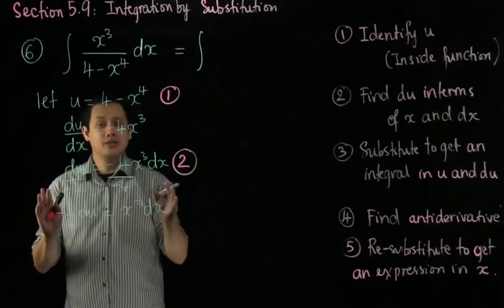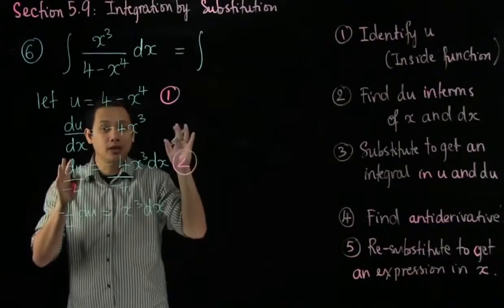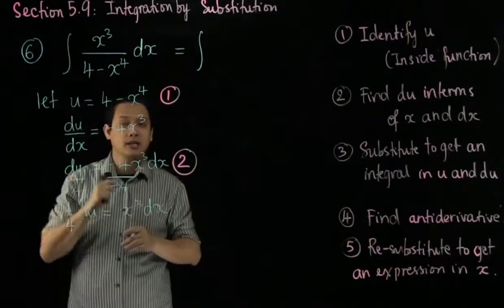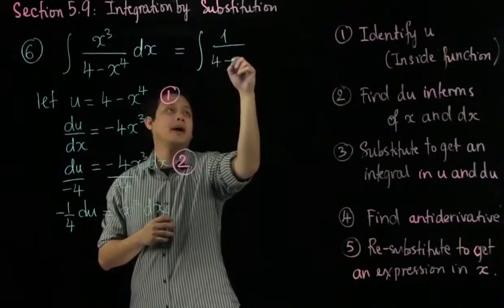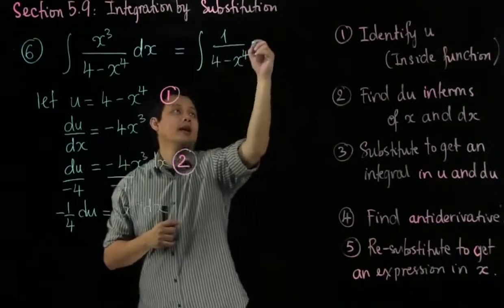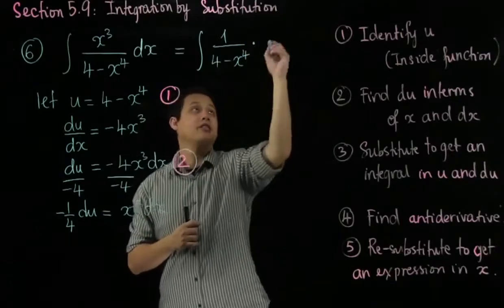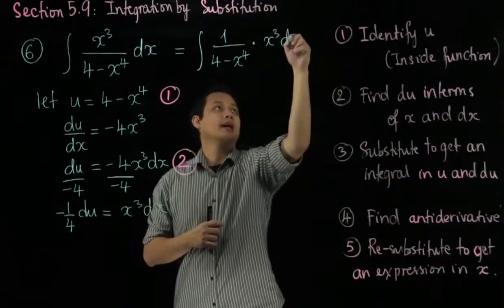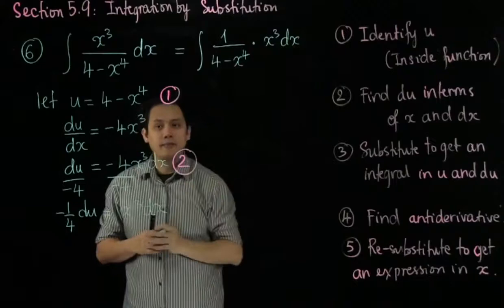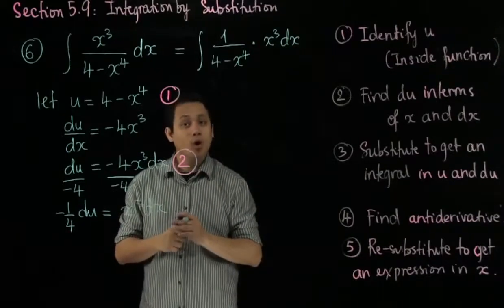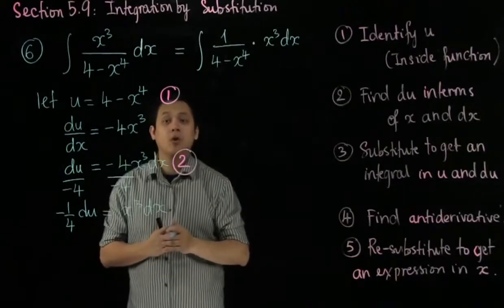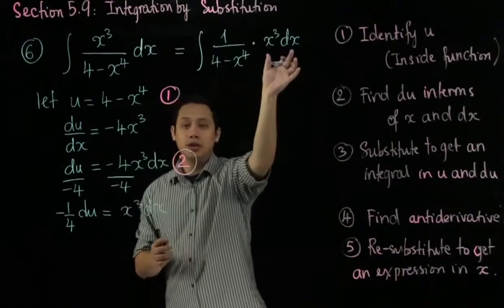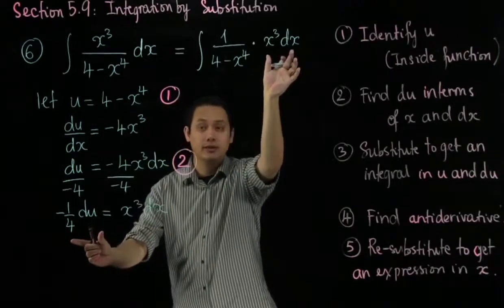It's a little bit hard to see, but it helps if you rewrite the fraction as 1 over 4 minus x to the 4th, and then you multiply with x cubed dx. This step helps you see that I have something related to the inside function only, and something related to du itself.